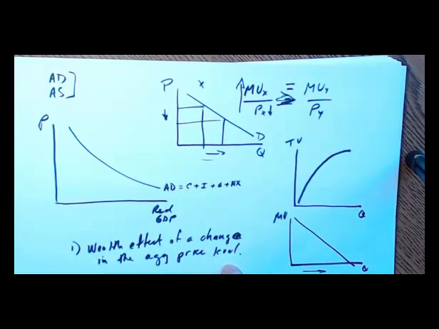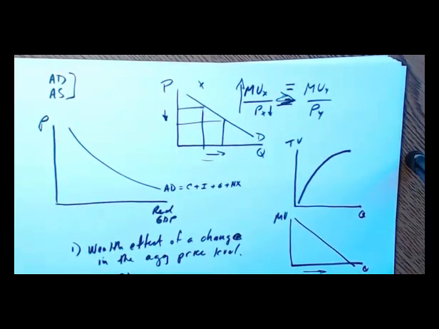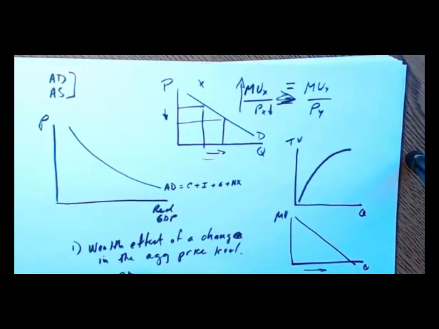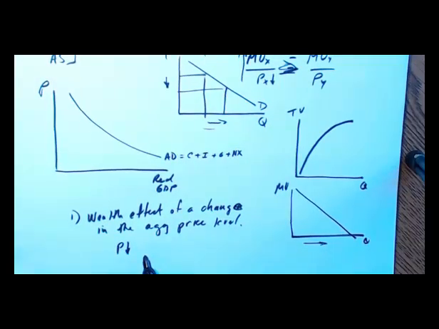So what do I mean by that? Well, if you have a certain amount of money in the bank, so to speak, or saved up, and the aggregate price level falls, you are now more wealthy, because your wealth is now going to be able to buy a lot more goods and services if the price level is lower.